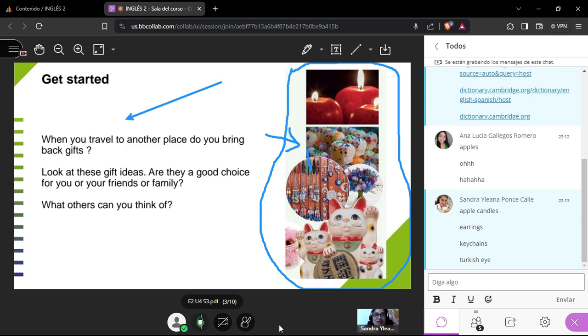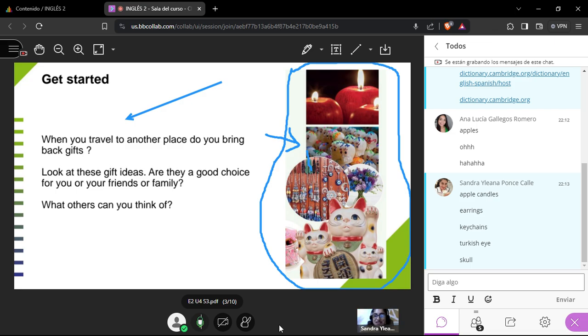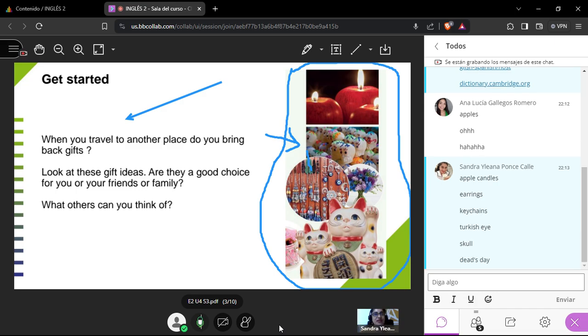And here we have the skull, cráneo, the skull, which is a Mexican gift that people offer for a specific celebration, the Day of the Dead. Very good, Ryan.